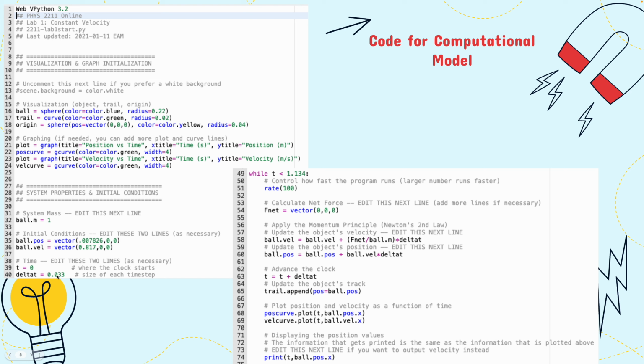Delta t here is equal to the amount of seconds that occur per frame, and in this case it's a frame per 0.033 seconds. Then I changed time to 1.134 seconds because that's how long it rolled for. And then I changed net force to 0 because ideally we're working with 0 net force. I changed ball velocity to equal the velocity update equation, and then ball position to be equal to velocity times delta t.